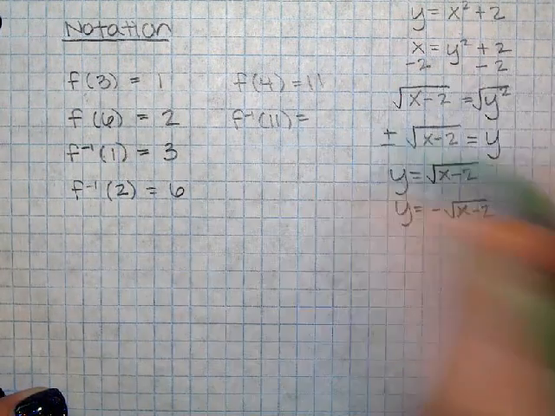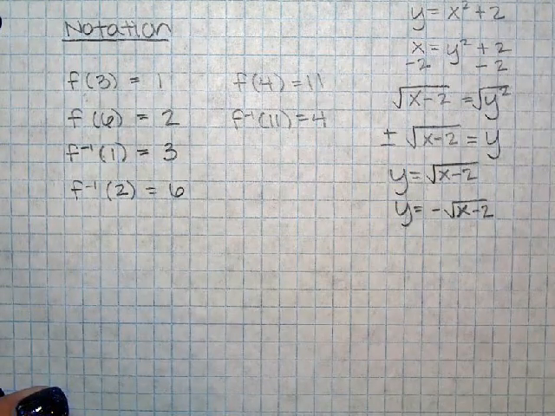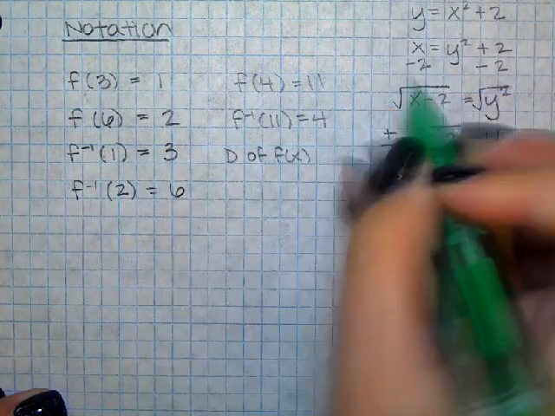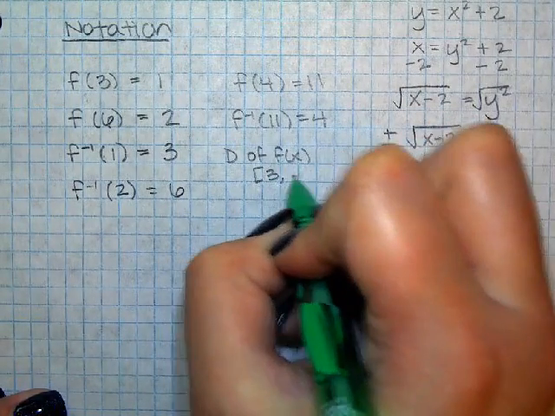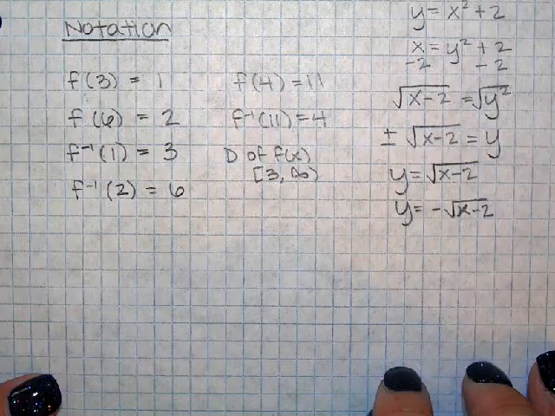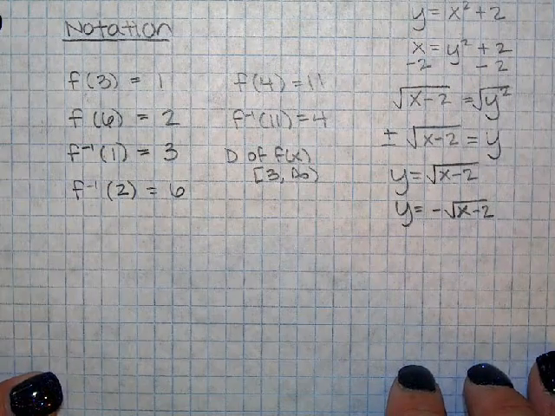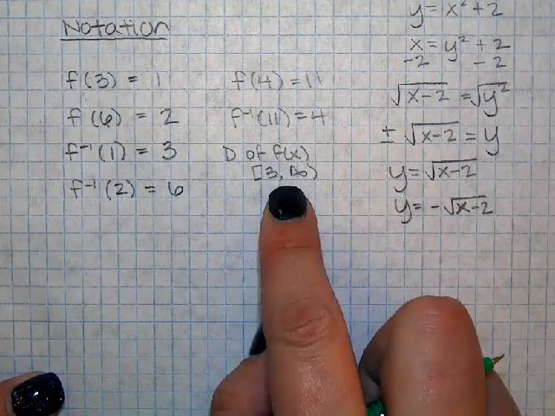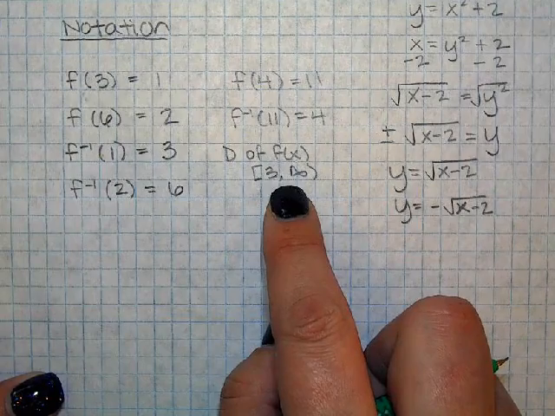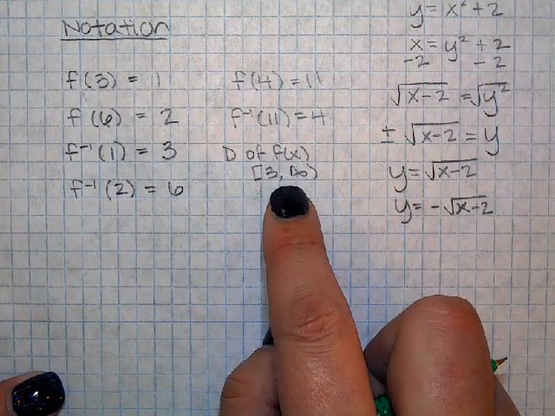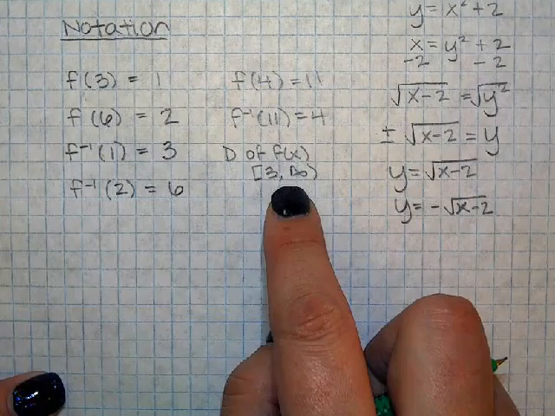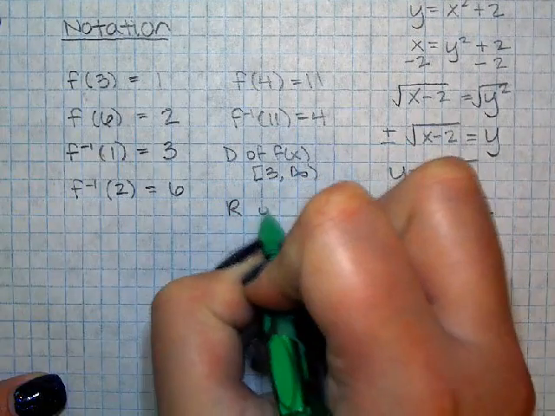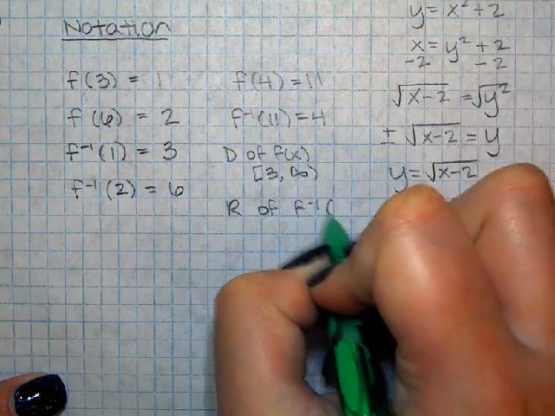What if I told you that the domain of f of x was 3 to infinity, and I wanted you to tell me something about f inverse of x? What could you tell me? If that's true of f of x, then that means that the range of f inverse of x is 3 to infinity. Does that make sense?